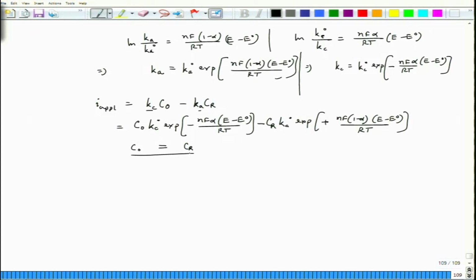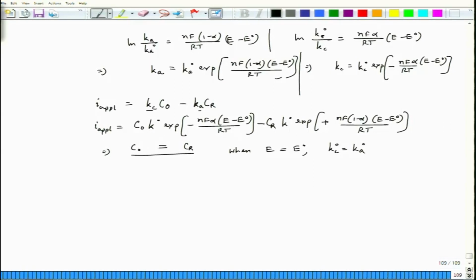So, if we have this situation, then of course, when E equal to E 0, K C equal to K A equal to K 0. This is the condition. So, then I can replace this C part on both the sides. It will be simply K 0. This is the new formula I am getting.